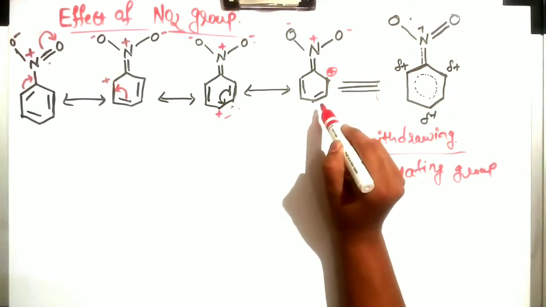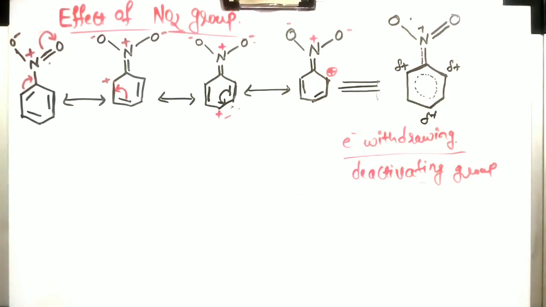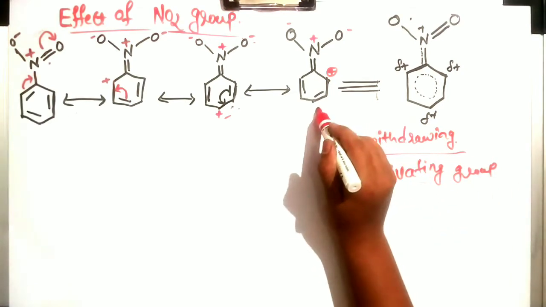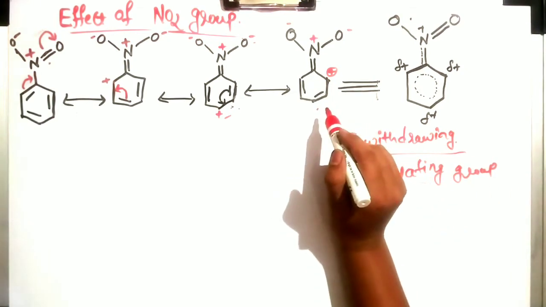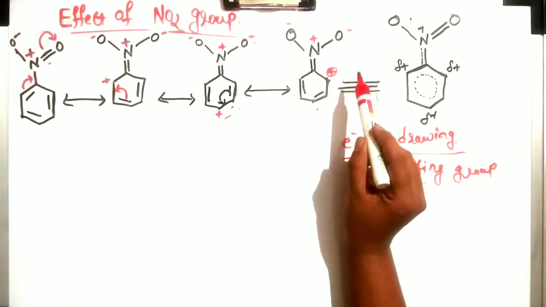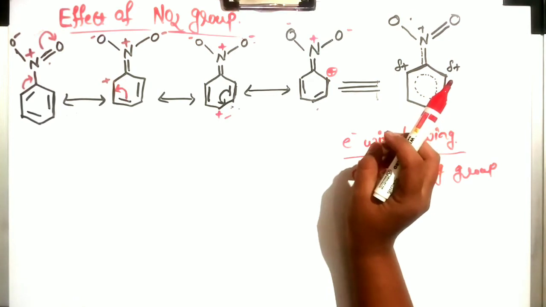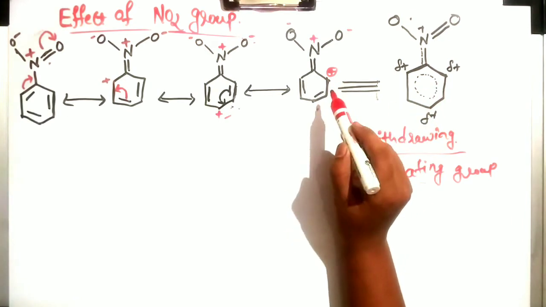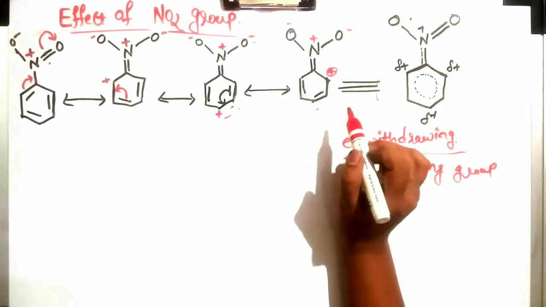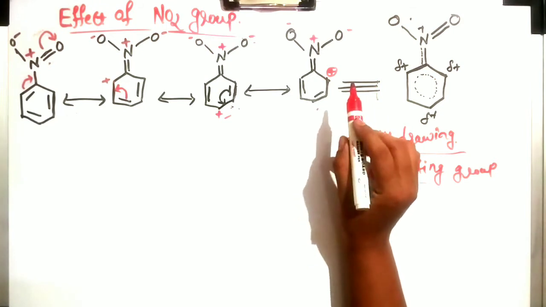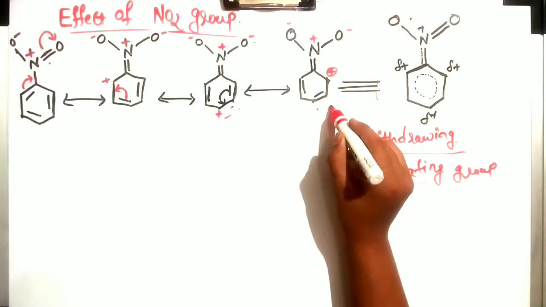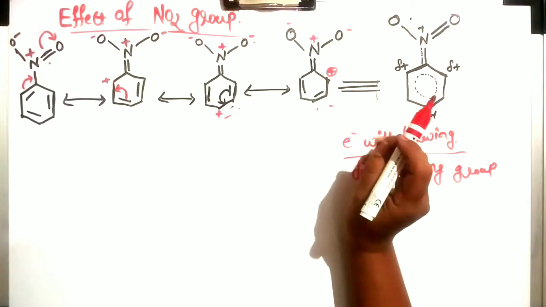And this is the structure where we can see that the charges are separated. This is not the best resonance form. It does contribute also. It gives an important insight into the nitrobenzene ring.